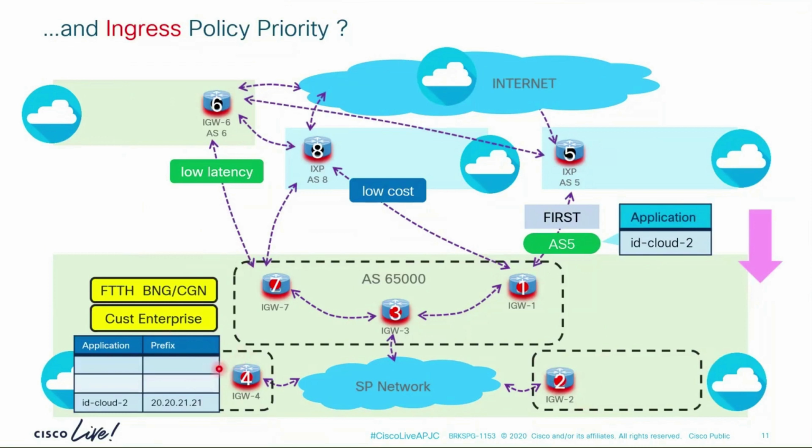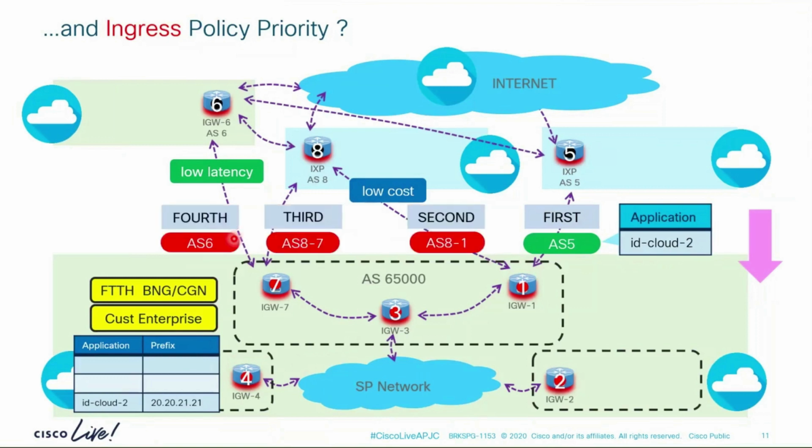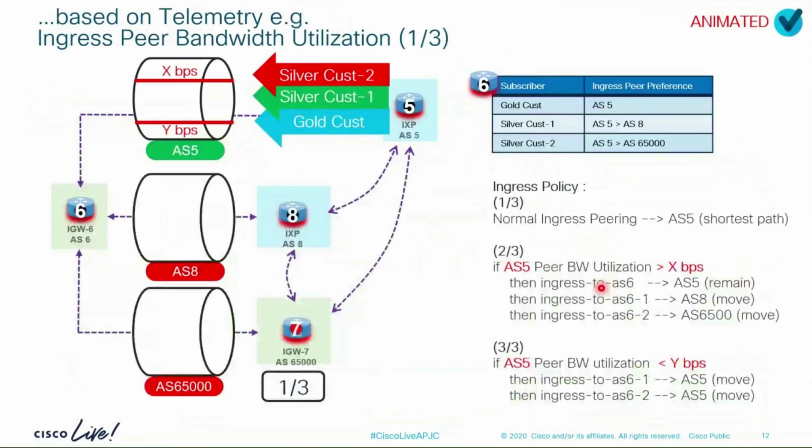We would like to have a different policy for the incoming traffic, and also the priority here for the ID Cloud 2 subscriber. We have 4 peer link options. We want to prioritize which one is first, second, third, and fourth.